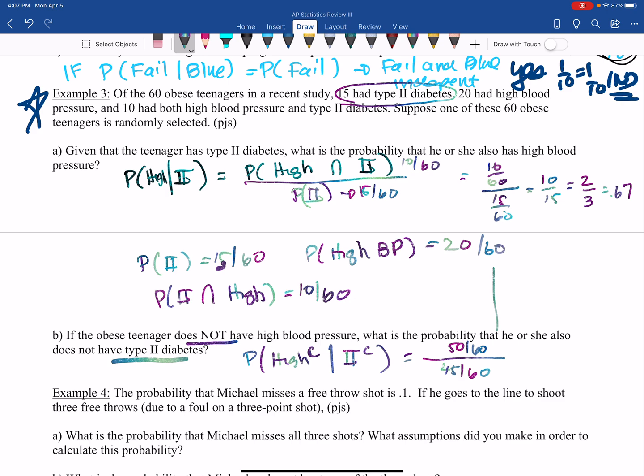So let's make a little quick chart so we can see what we did. We have type 2, yes, no, and we have high blood pressure, yes, no. So let's go ahead and fill this out. I have 15 out of 60 that have type 2.